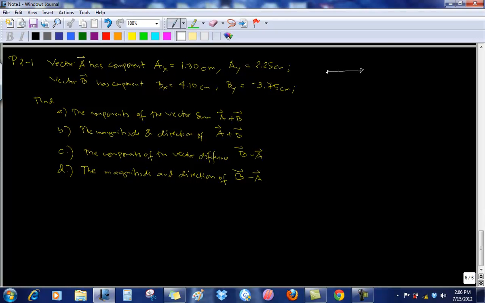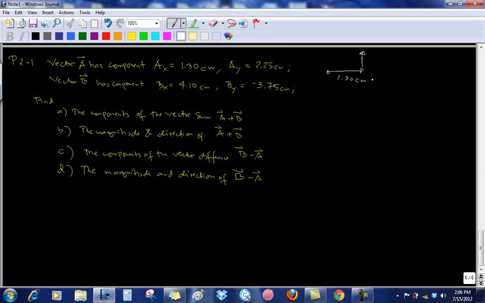And AY is 2.25 cm to the positive y, meaning upward, since the y axis points upward.